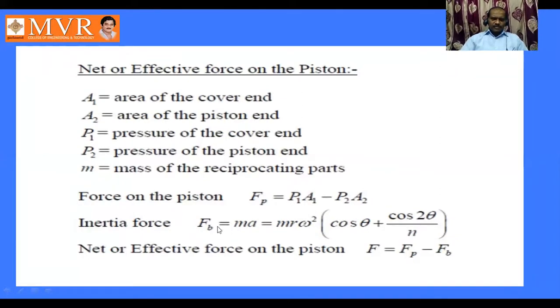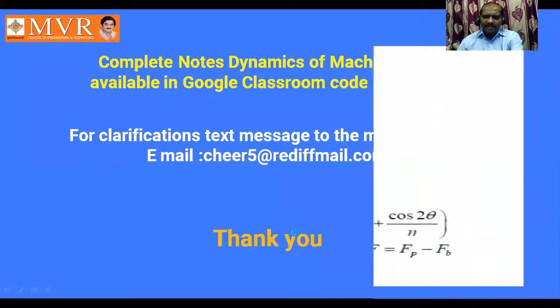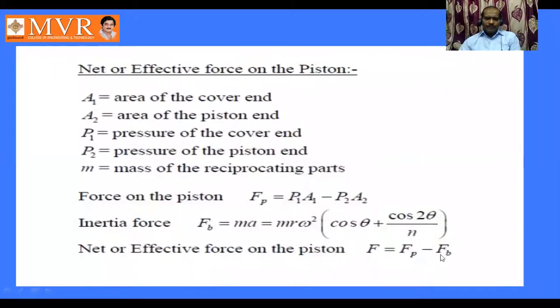The inertia force is equal to Fb equal to m a, which is equal to m r omega square into cos theta plus cos 2 theta by n. The net or effective force on the piston is F equal to Fp minus Fb. Fp is going to be the force on the piston. So if you observe this one, net force is equal to Fp minus Fb.